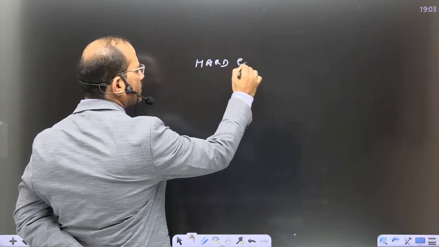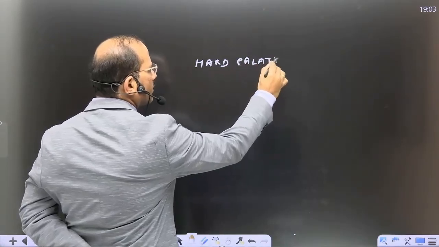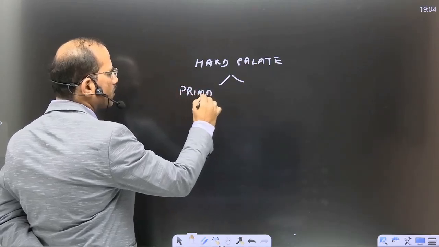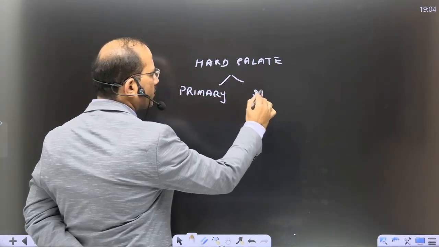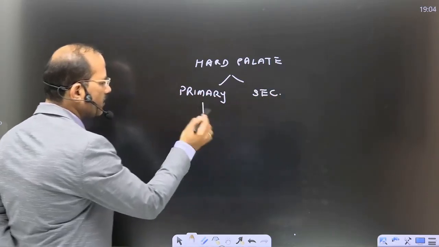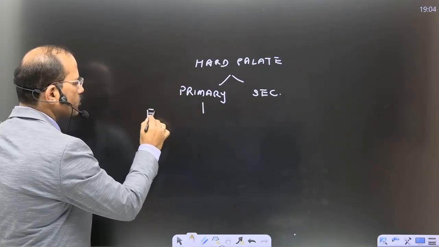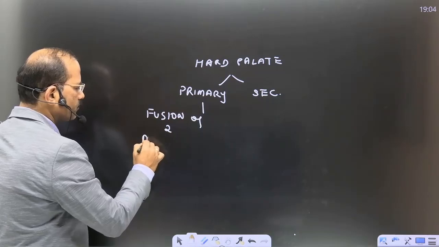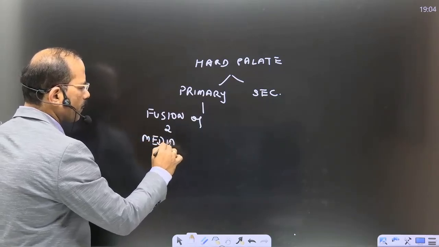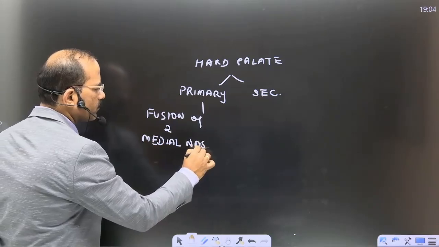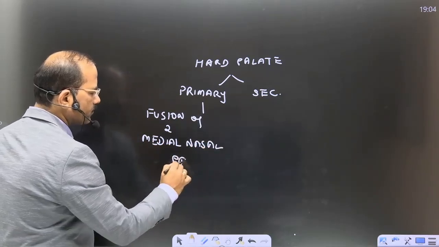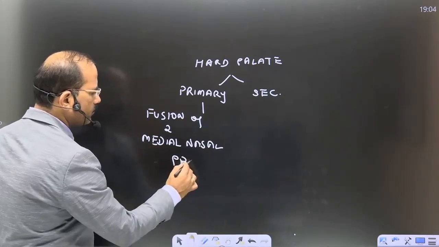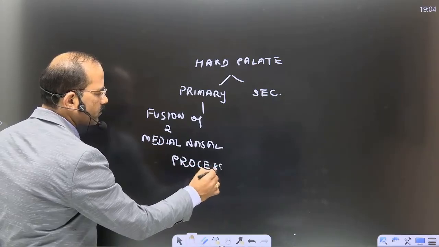Hard palate. It is made up of two parts, primary and secondary. Primary is derived from fusion of two medial nasal processes.